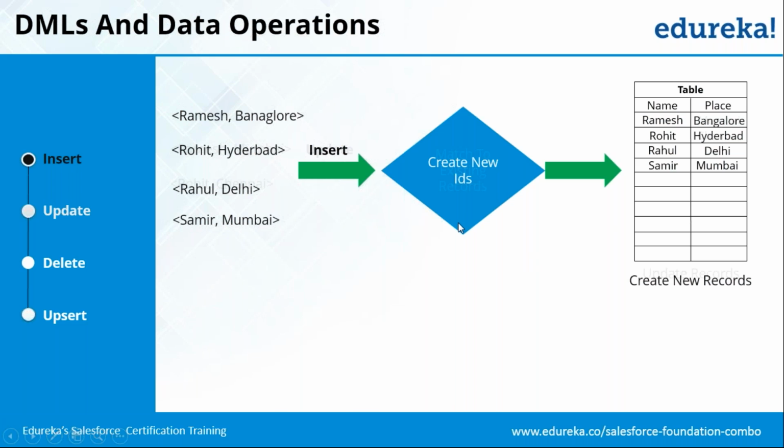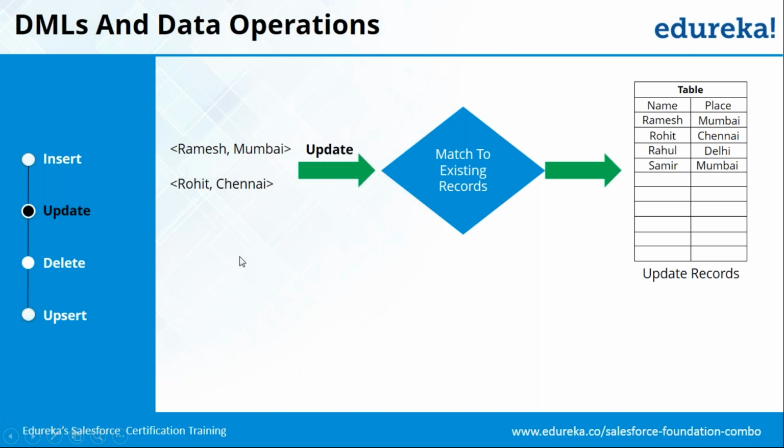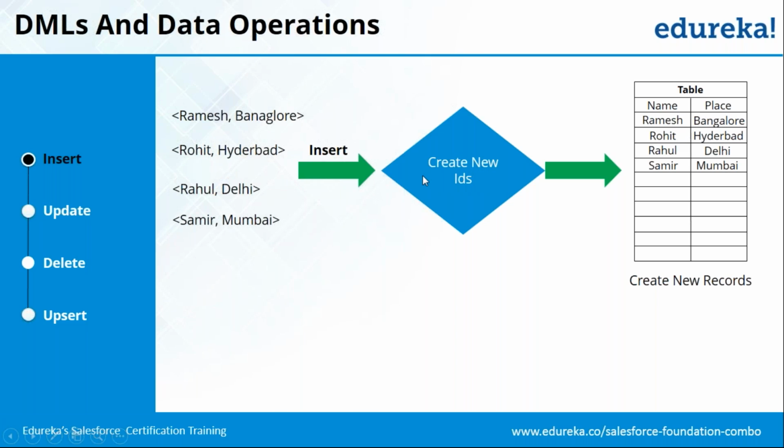All right, and then we have the update command. When it comes to update, we will have our data here, and then that will be updated to the existing records. So supposing Ramesh's record and Rohit's record is already there in the database, but they have to be updated, then you can use the update command in that situation. Okay, so initially the value for Ramesh was Bangalore.